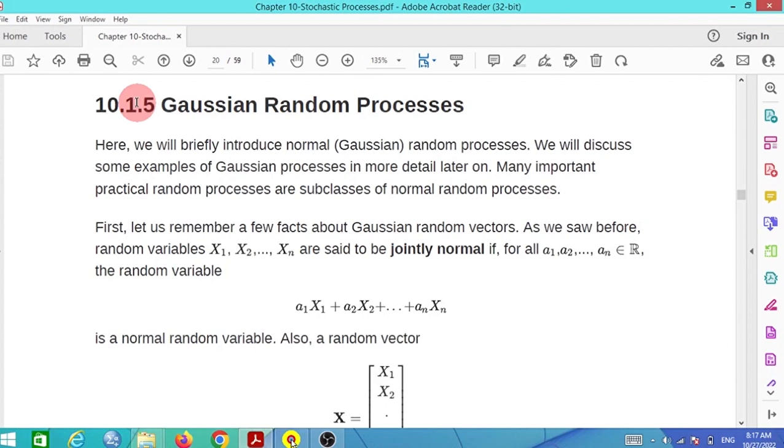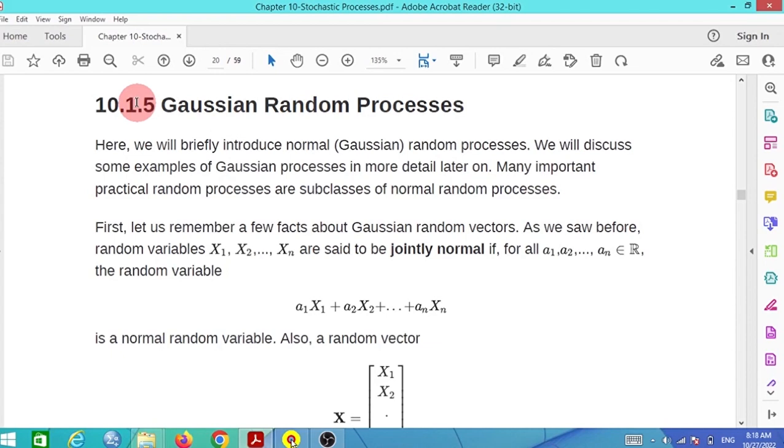The normal distribution and the Gaussian random variable are the same, but a Gaussian random process is a collection of random variables where each random variable has a normal distribution. So you must learn and understand the concept and properties of a normal random variable in the previous chapter.